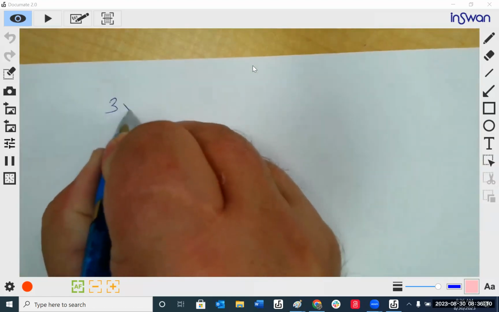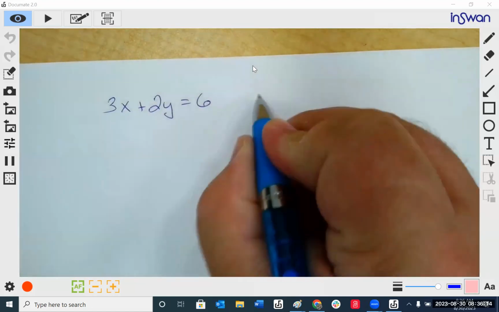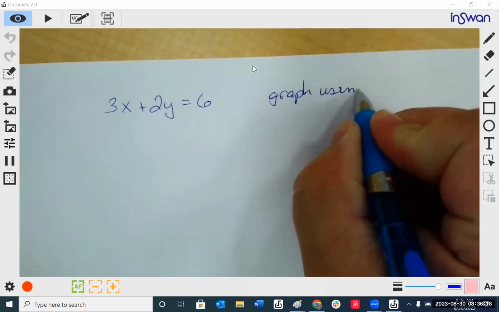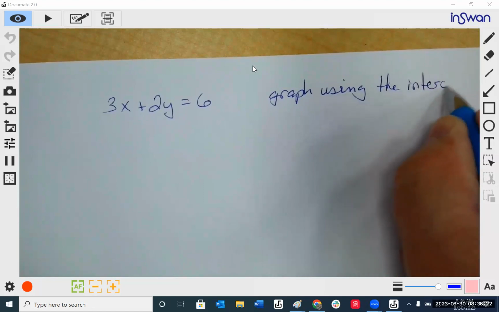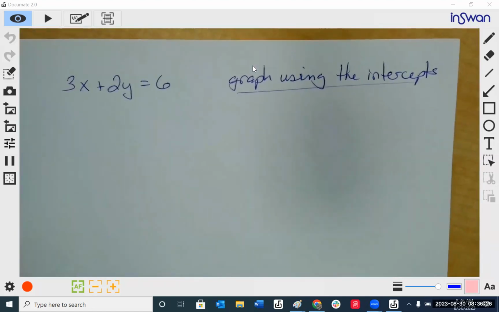Let's get back to the first one we did. Graph using the intercepts.